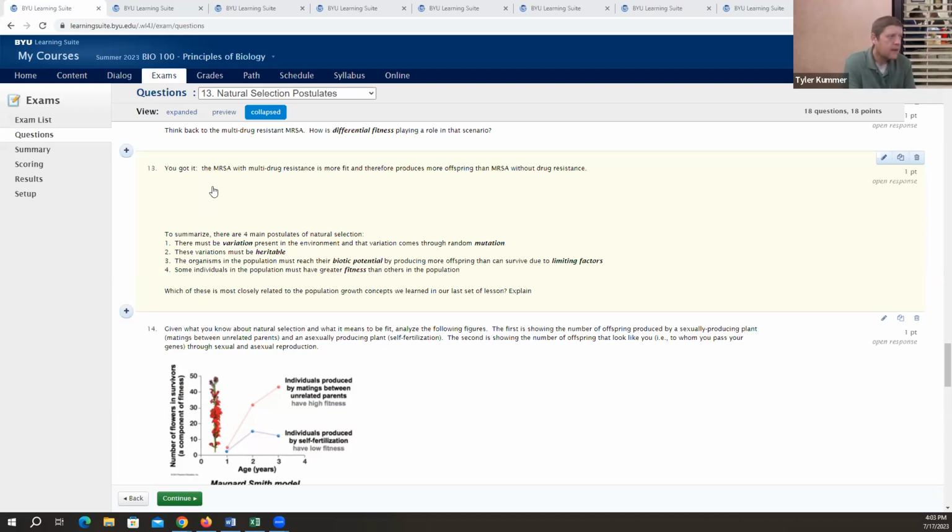So we have to have differences, and those differences must be heritable, must be able to be passed on. Next, we must have a population that has the ability to reach their biotic potential. Essentially, they have to be able to reproduce exponentially. They have to get to a point where that carrying capacity starts to matter.